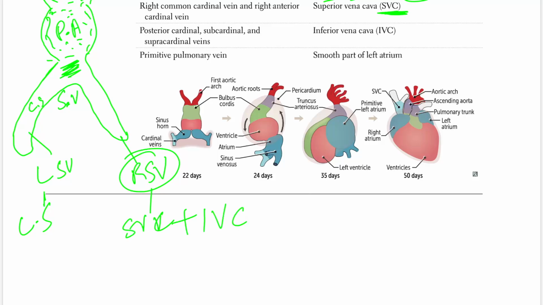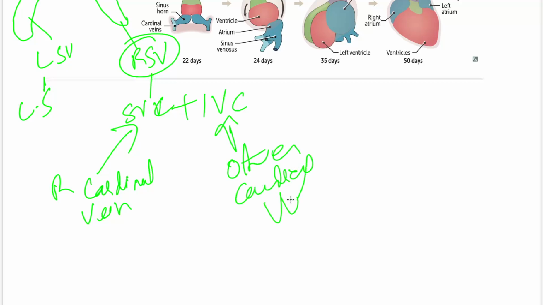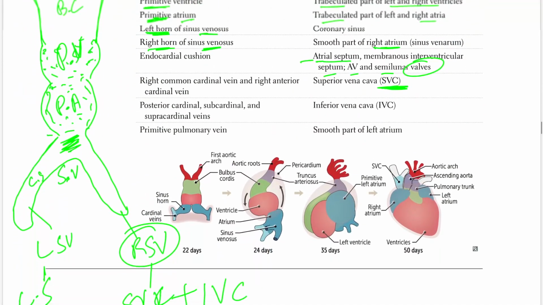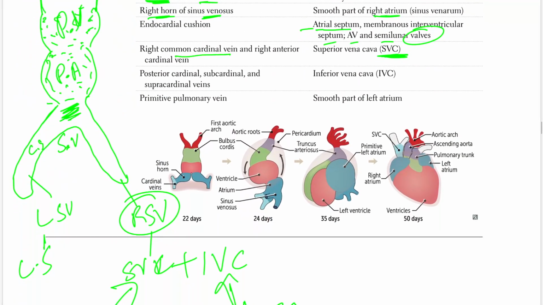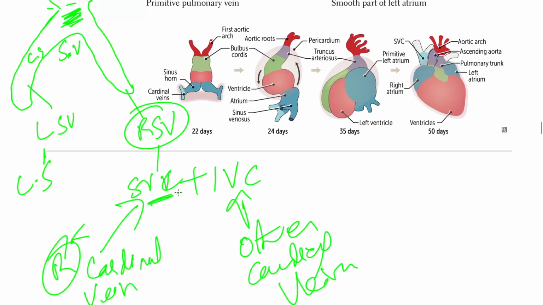Specifically, superior vena cava is going to come from your right cardinal vein, and inferior vena cava will be the other cardinal veins, and we will read that above. So right common cardinal vein, right anterior cardinal. All the right ones, no matter whether you call it anterior or common, are the cardinal veins giving the superior vena cava.